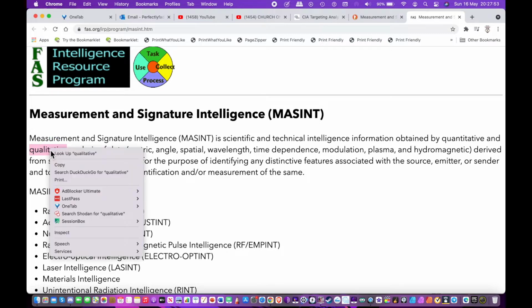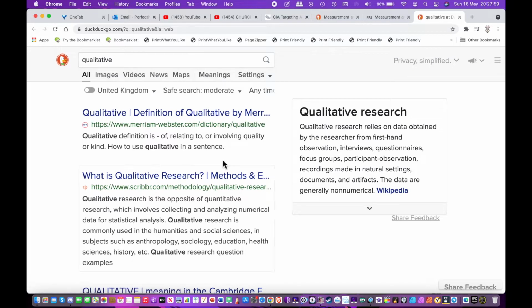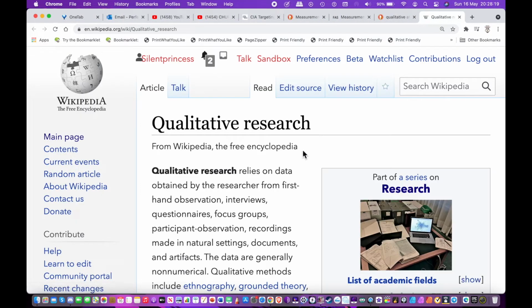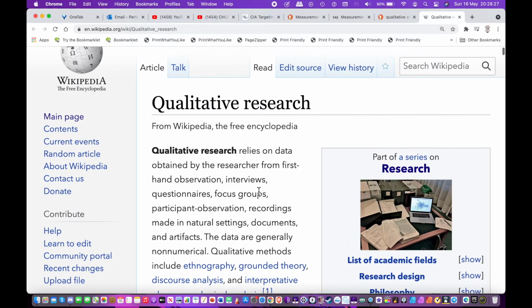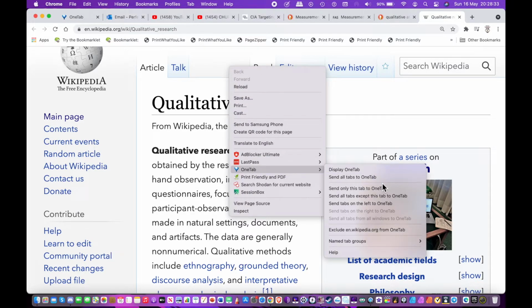Qualitative research relies on data obtained by the researcher from first-hand observation, interviews, questionnaires, focus groups, etc. Oh, so it's kind of like documents and artifacts and things like that. Okay, that makes sense. Okay, I know I'm only looking at the wiki.